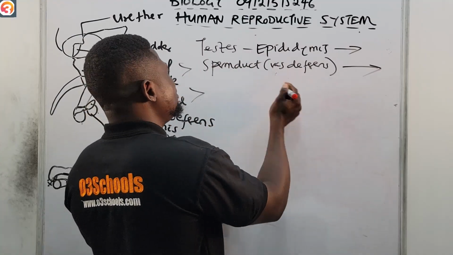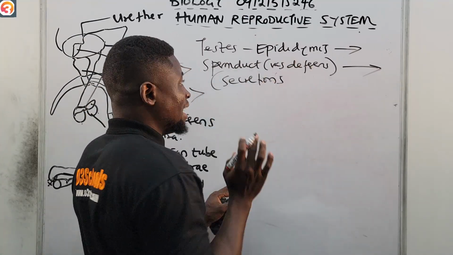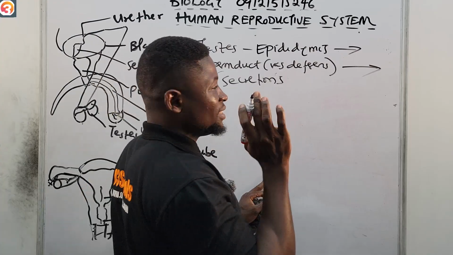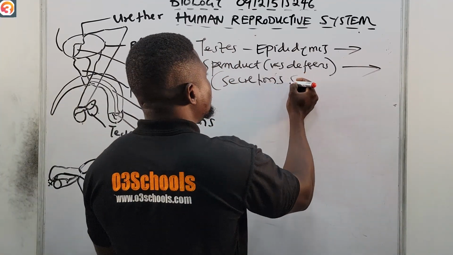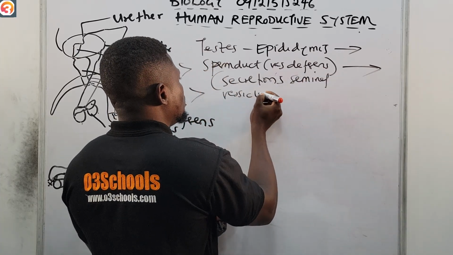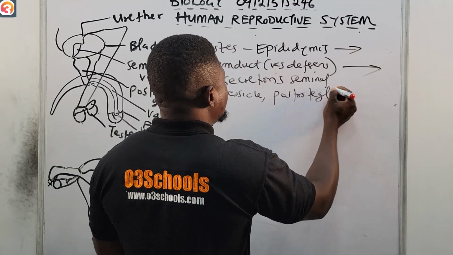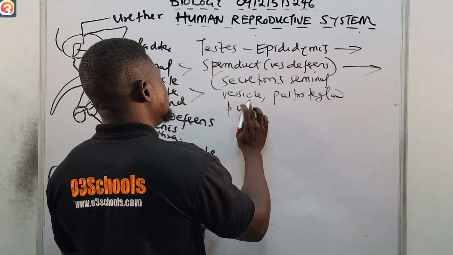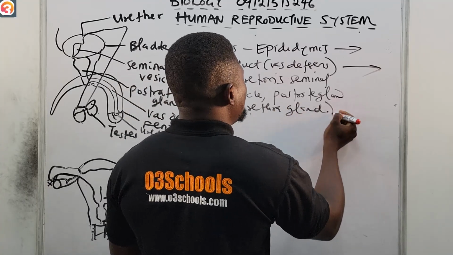From the vas deferens, it receives secretions from the seminal vesicle, prostate gland, and urethral gland.